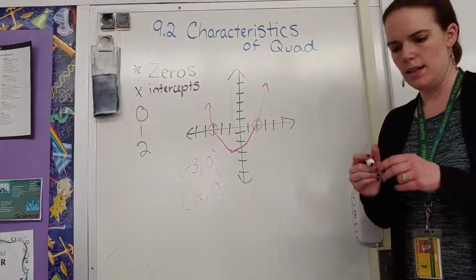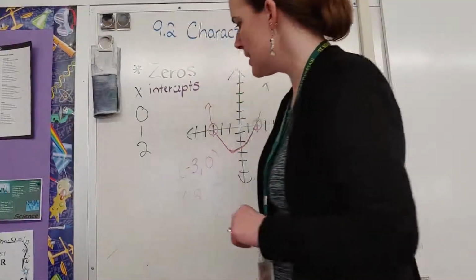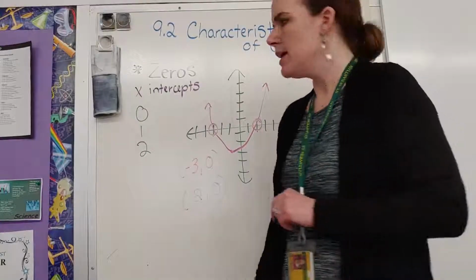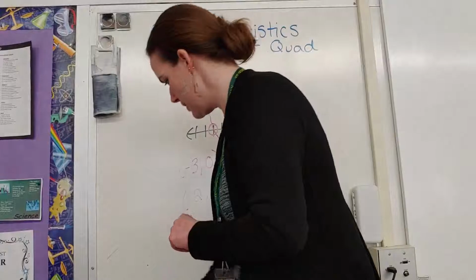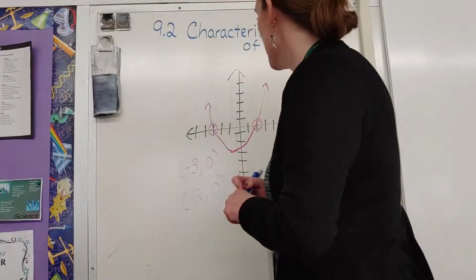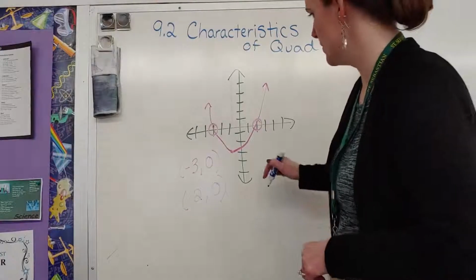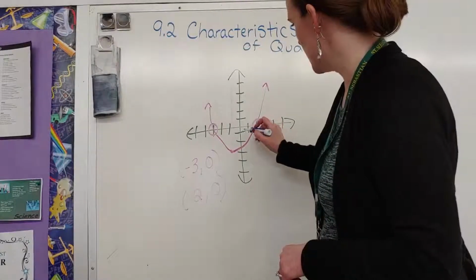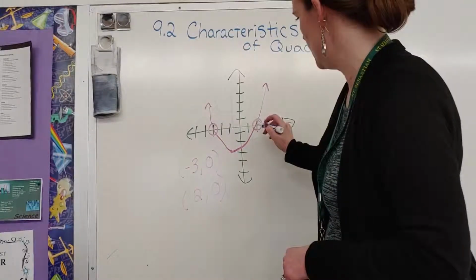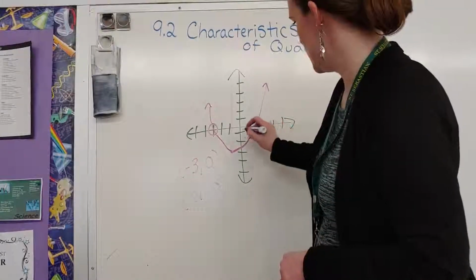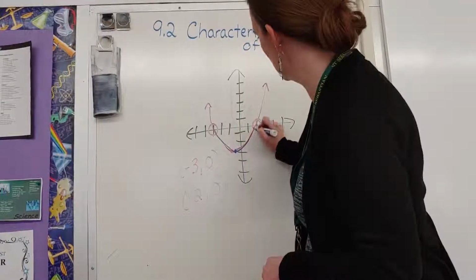Then there's also something in that section called an axis of symmetry. Your axis of symmetry is where, if you were to find your vertex, I need to try to draw this a little better.